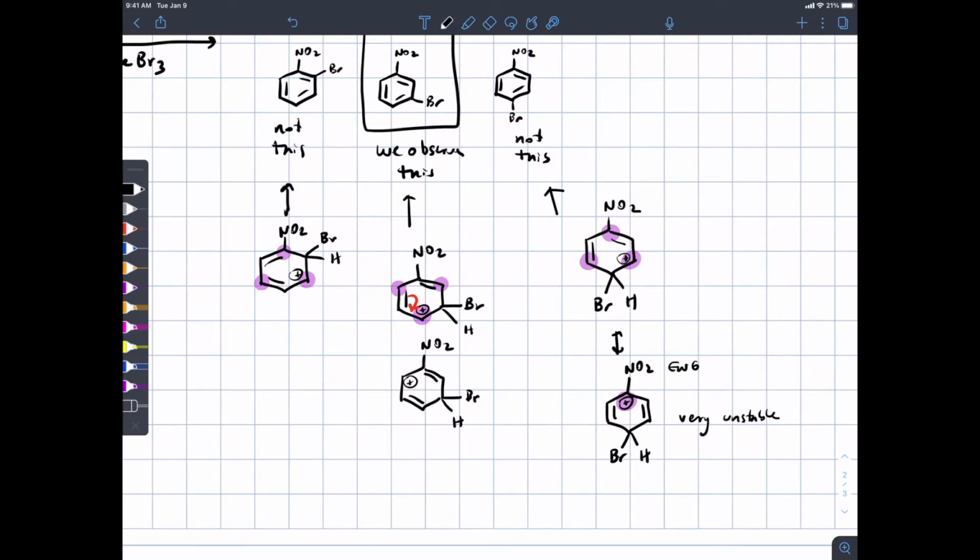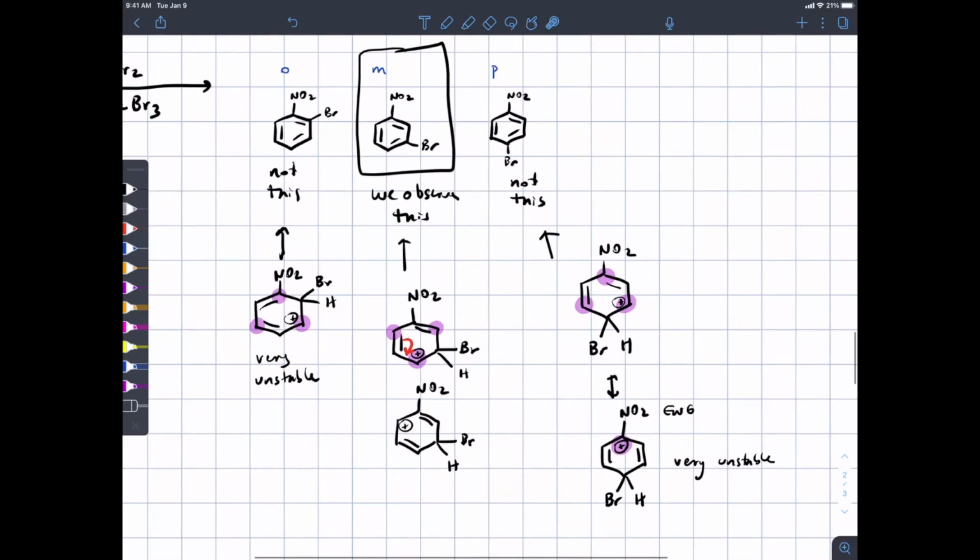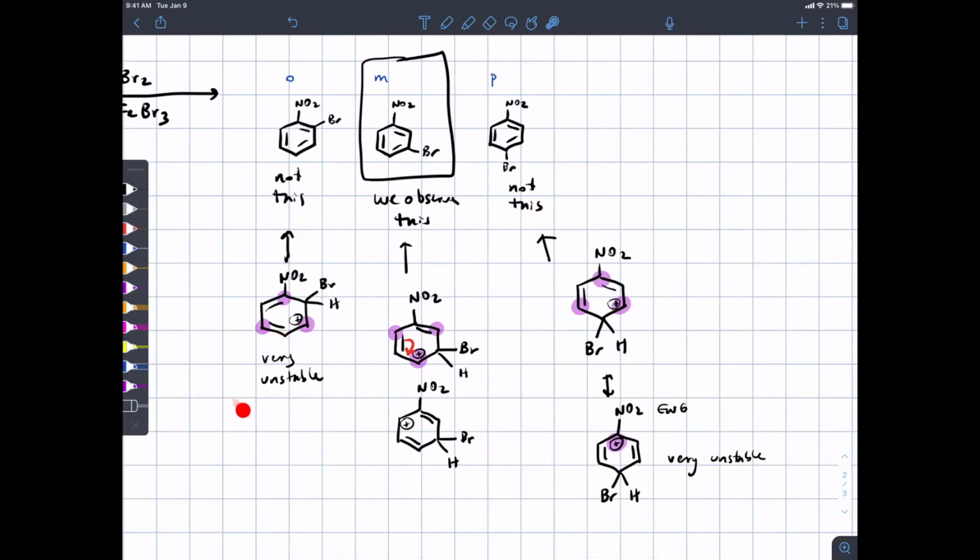So both of these intermediates that precede the ortho and the para products are very unstable because they put the positive charge adjacent to the nitro group. The meta just happens to be the best solution you can come up with because at least the positive charge is not adjacent to the nitro group. Okay, questions about that?